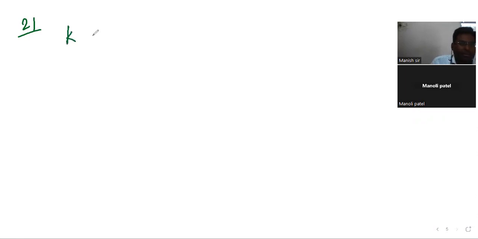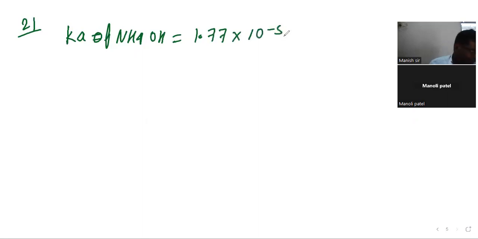The ionization constant of ammonium hydroxide NH4OH is equal to 1.77 into 10 raised to minus 5 at a temperature of 298 Kelvin. The hydrolysis constant of ammonium chloride, NH4Cl, you have to find it. It was asked in 2009.